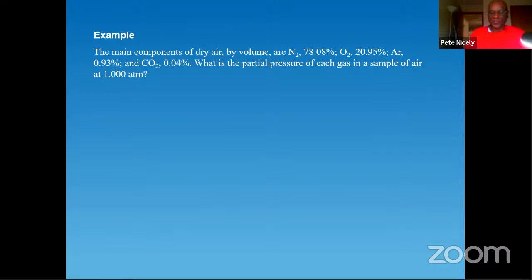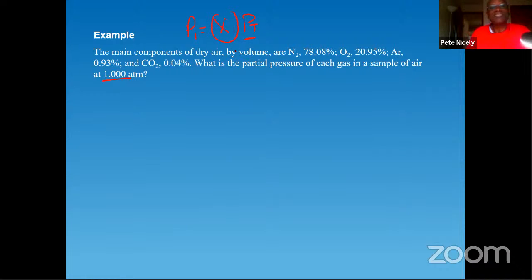The equation we can use is that the pressure of a particular gas is equal to the mole fraction of that gas times the total pressure of the gaseous mixture. In this case, PT would be the 1.000 atmospheres. The mole fraction would be the percentages here.